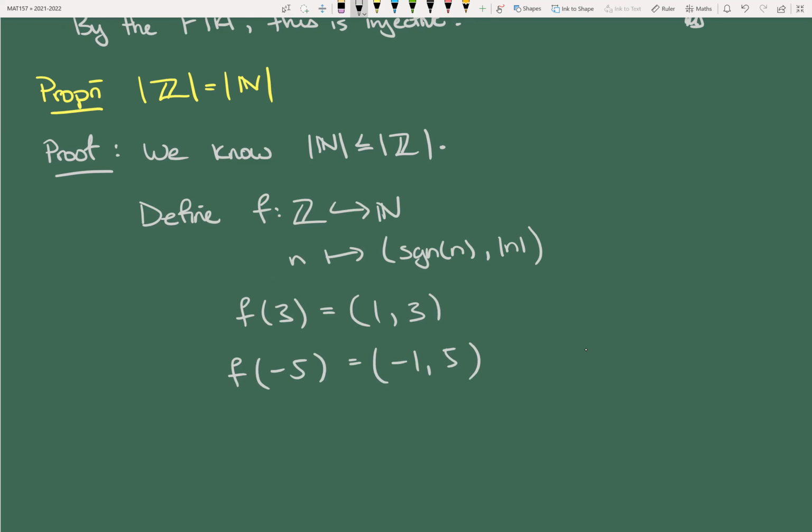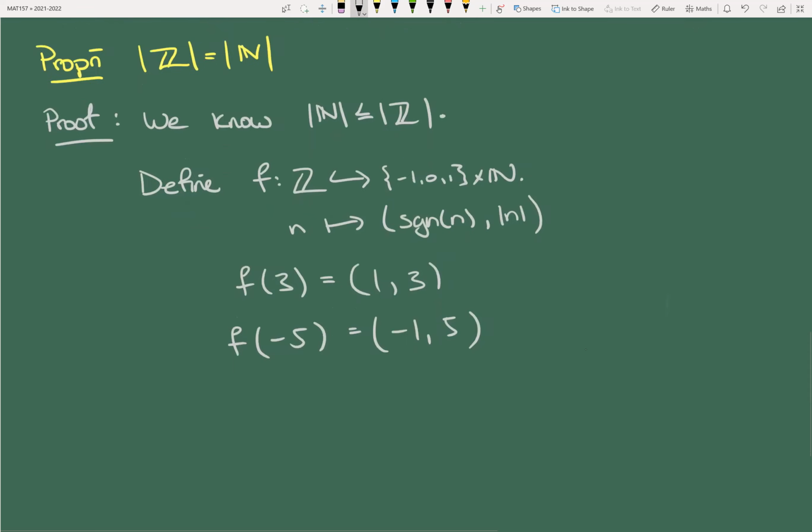And so all this is doing, right, is it keeps track of basically the sign and the absolute value of the integer itself. And, oh, sorry, this isn't N, this is {-1, 0, 1} cross N, right? And this is, again, certainly injective. I'll leave the proof to you.